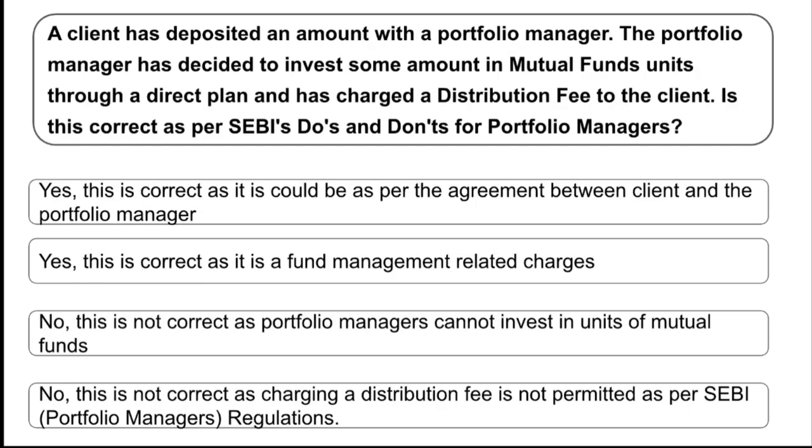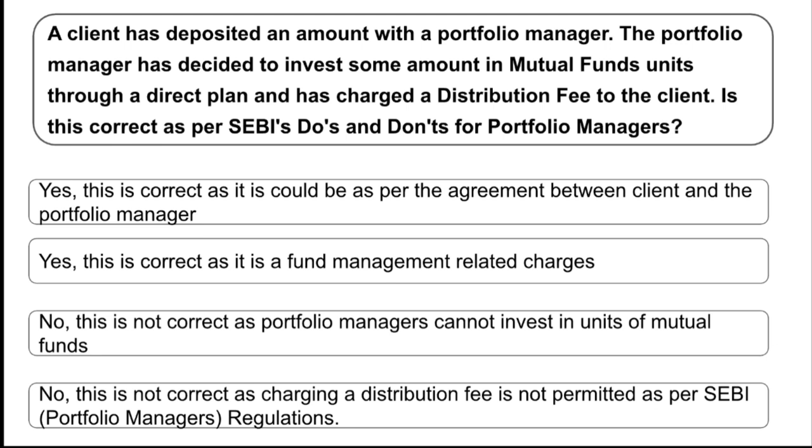A client has deposited an amount with the portfolio manager. The portfolio manager has decided to invest some amount in mutual fund units through a direct plan and has charged a distribution fee to the client. Is this correct as per SEBI's do's and don'ts for a portfolio manager?